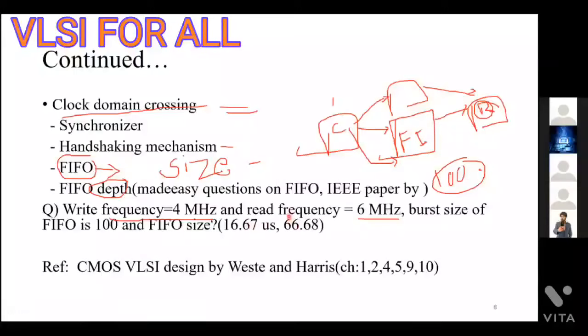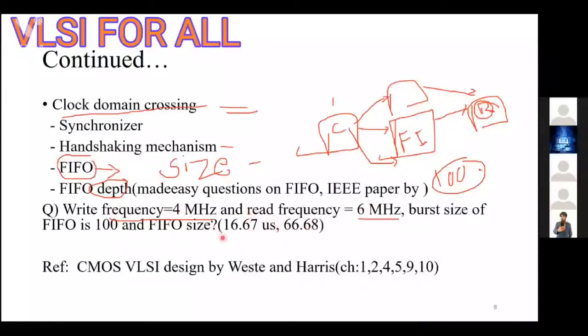Okay. Now if the write frequency is 6 and read frequency is 4 and bus size is 100, then the total time required to write these 100 data for the write frequency of 6 will be like 16.67.